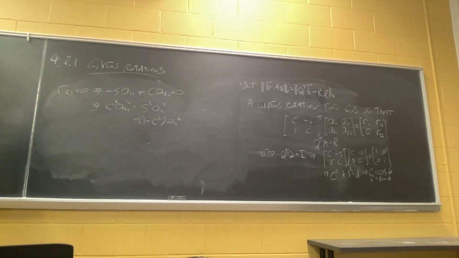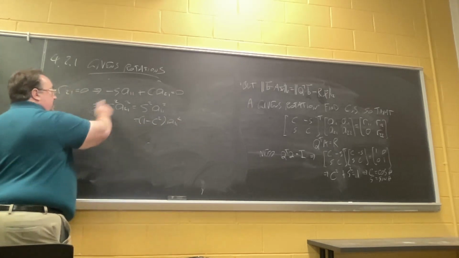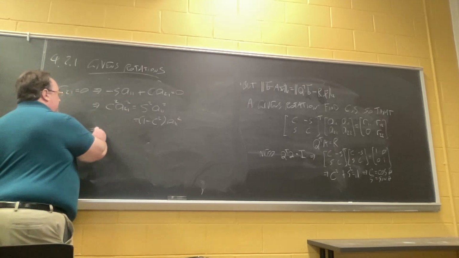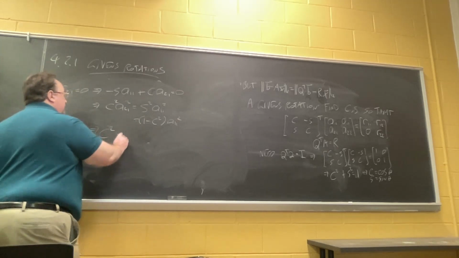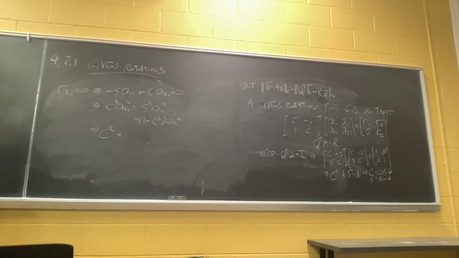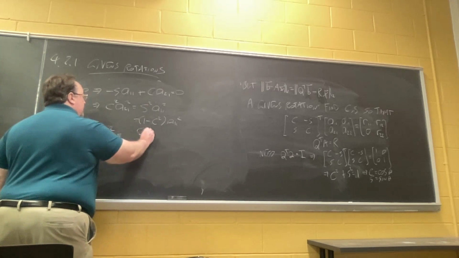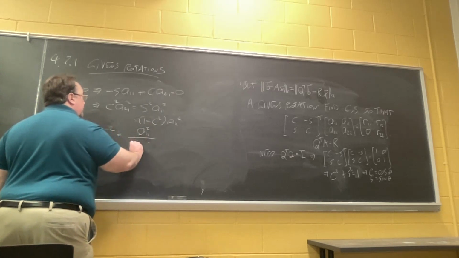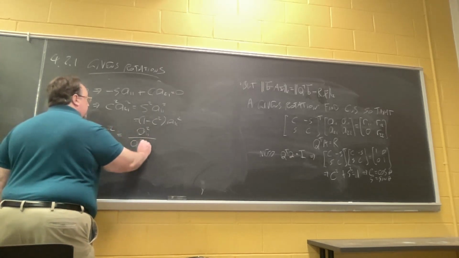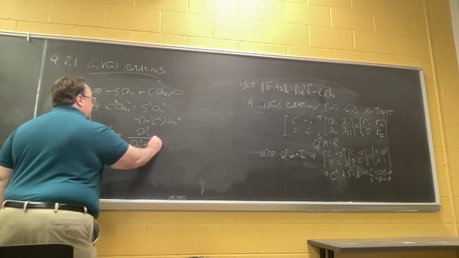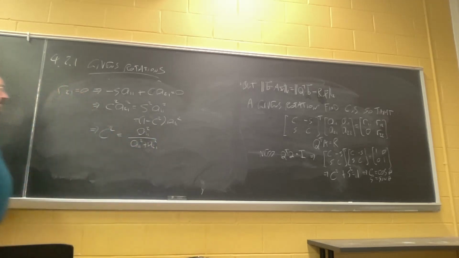Okay. So now I can use this equation to solve for C squared. So C squared turns out to be A11 squared over A11 squared plus A21 squared.